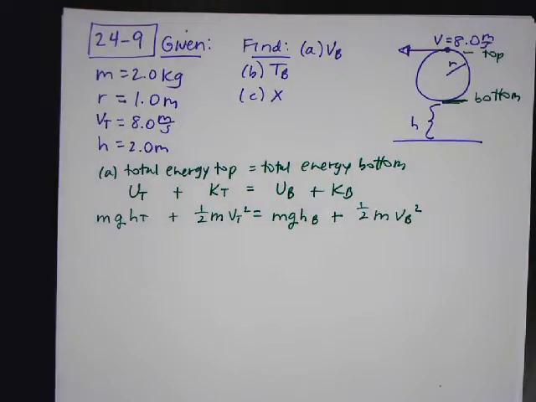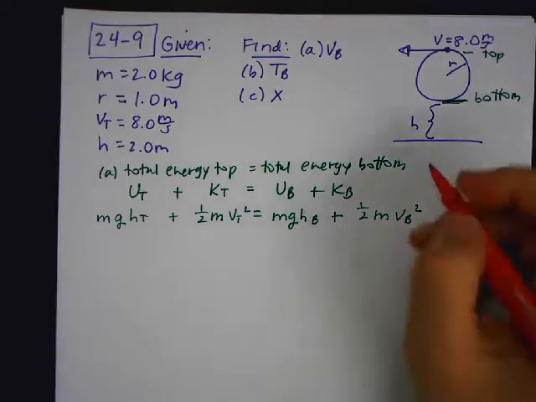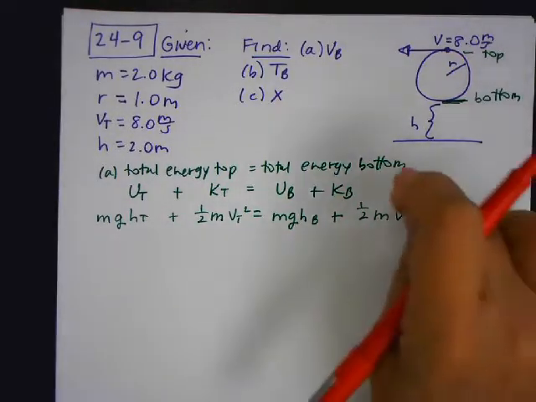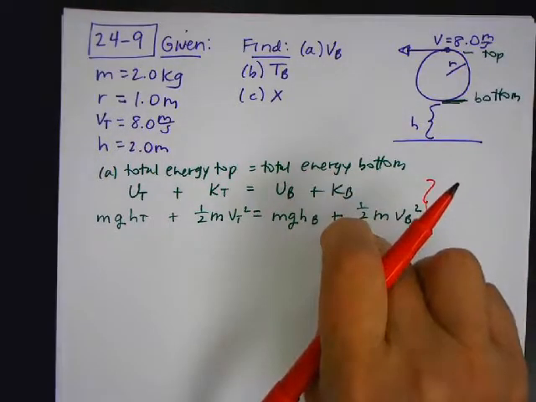As far as getting the points on the AP exam, whenever you're doing anything with conservation of energy, the rubric is going to say a statement showing conservation of energy is 1 point. Honestly, I'm not sure what the rubric is going to say. So either this or this is going to give you 1 point.